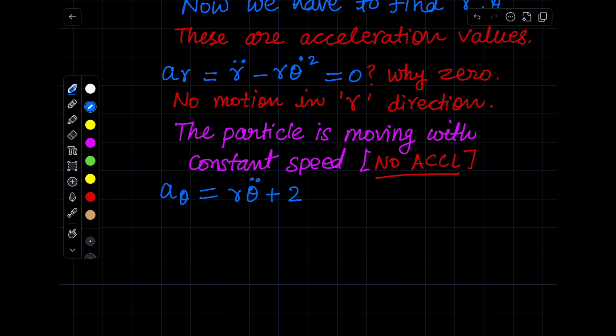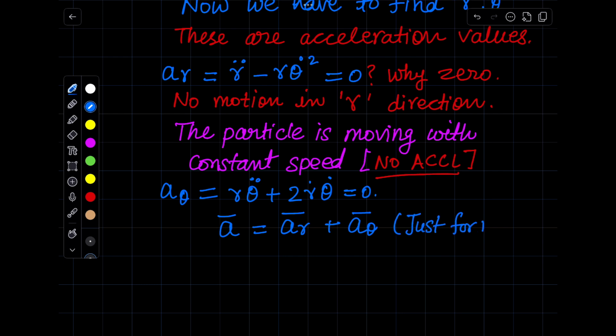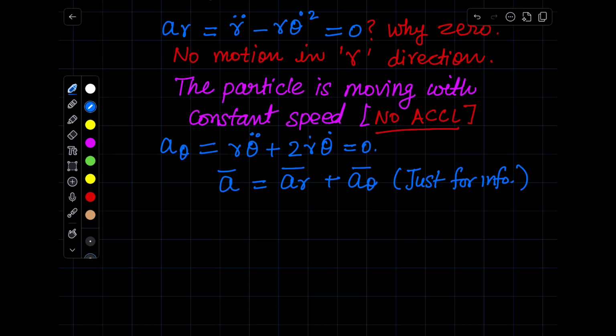So we are not making any diagram for A r and A theta. So I wrote here that A theta is also 0, and we can also write in vector terms A is equal to A r plus A theta. This is just for the information. There is no need for this equation again here.